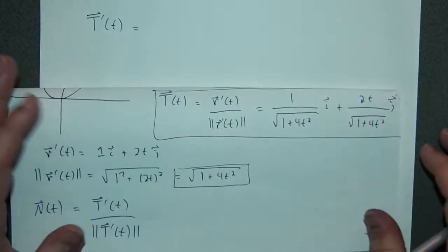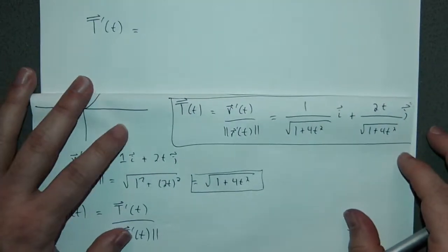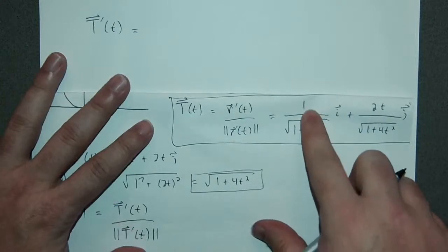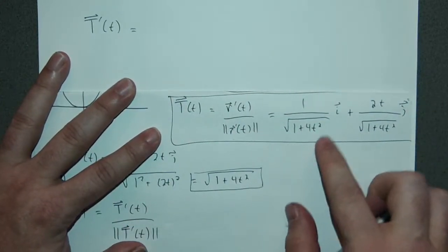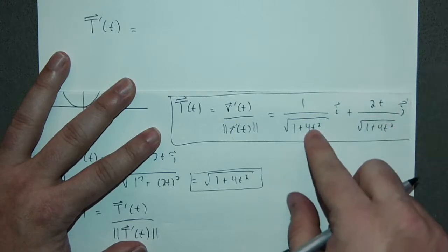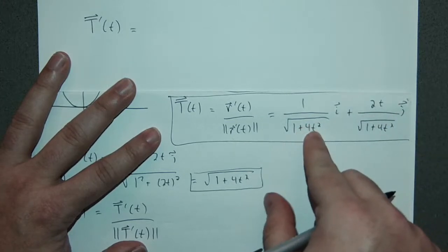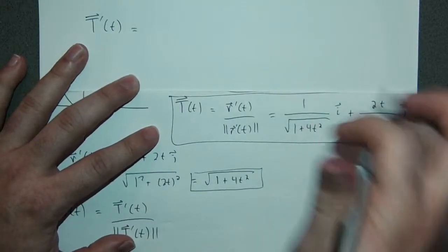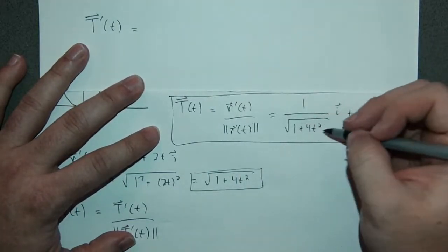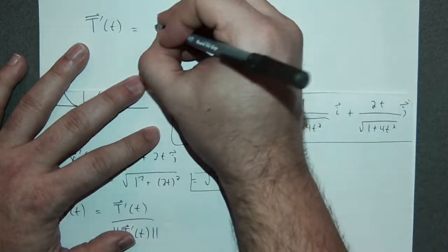So let's remind myself what T of t is. Let me fold paper real quick. So there's T. Okay, so now I'm taking the derivative in each slot here. So it can help to do this. You can use exponents if you want to use exponents. You could do that. So if you like, you can write this as 1 plus 4t squared to the minus 1/2.